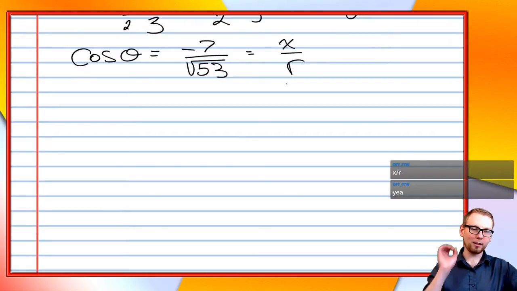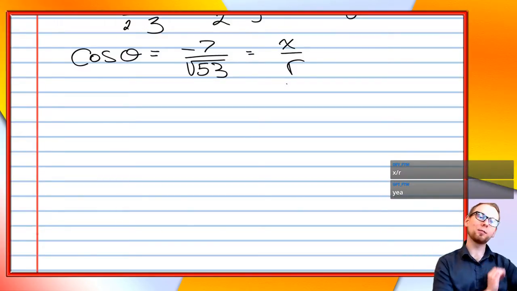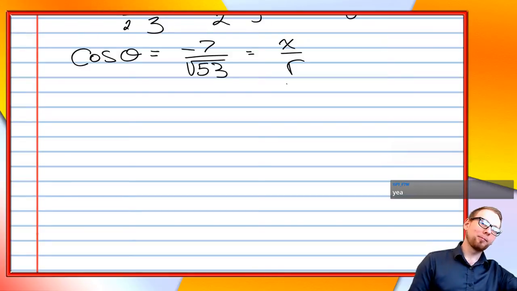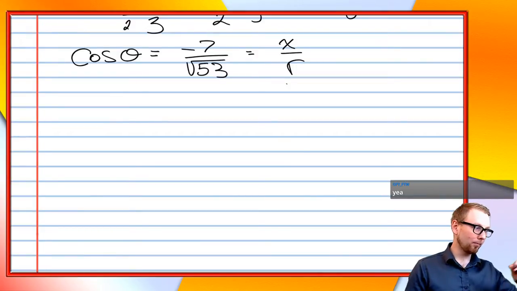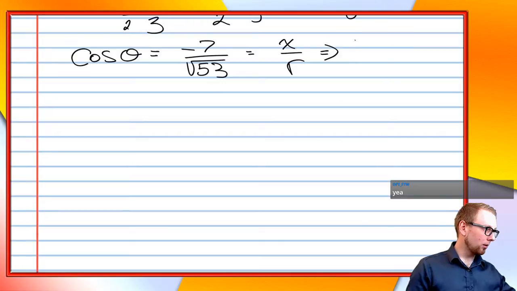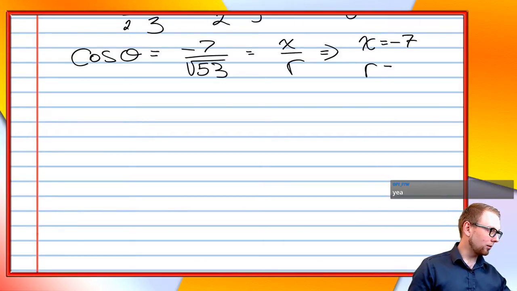R is the length. Cannot have a negative length, which means x is negative. This implies that x is equal to -7 and r is equal to the square root of 53.